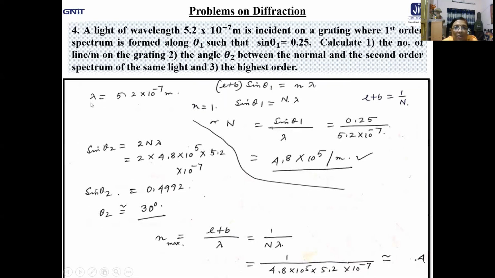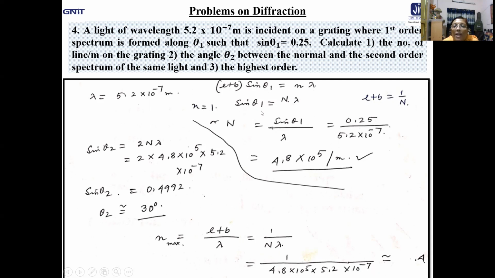Now let us take a look at what is there. This is lambda given, and this is for a grating. The formula is (e plus d) sine theta equal to small n lambda. If you use e plus d equal to 1 by N, you can get sine theta 1 equal to small n capital N into lambda. Now n equal to 1, it is mentioned, the first order. So sine theta 1 equal to small n capital N lambda, choosing small n equal to 1.